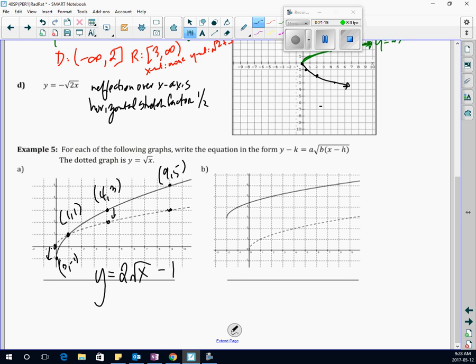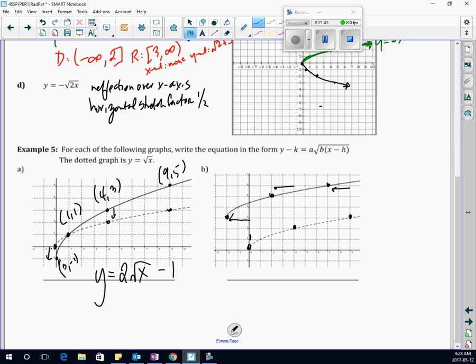Okay, how about the next one? So 0, 0 compared to that. 4, 2 compared to that. And 9, 3, it looks like compared to that. So it looks like it's going left 2 each time, yes? And is it just going up?